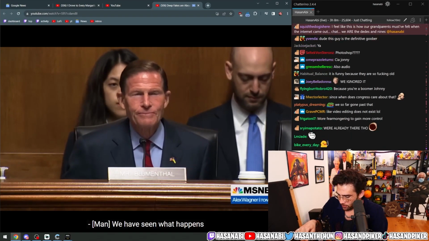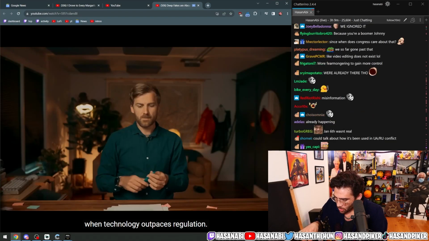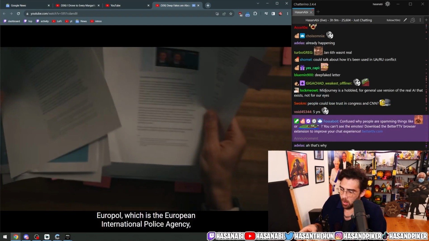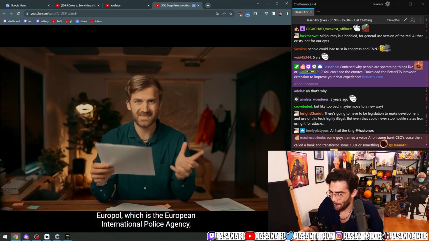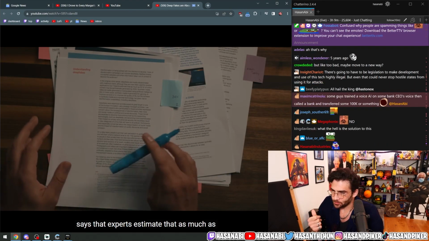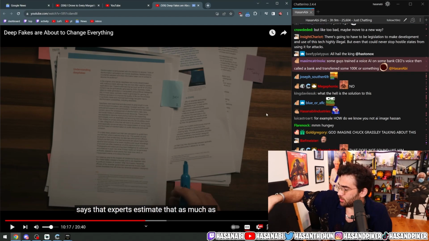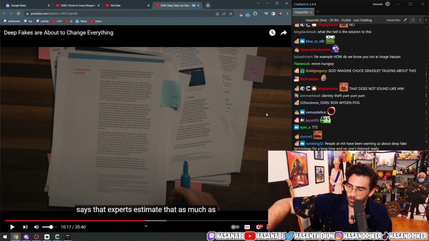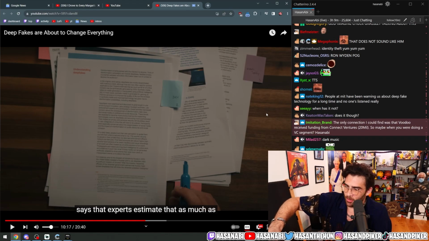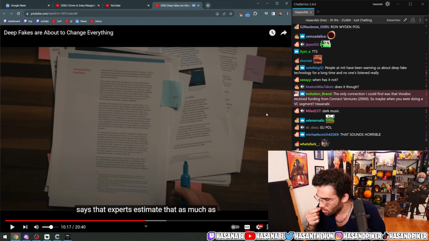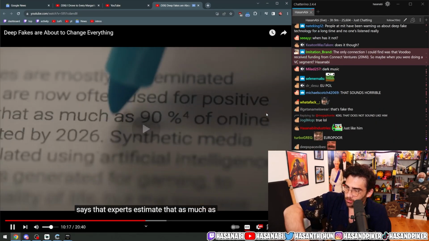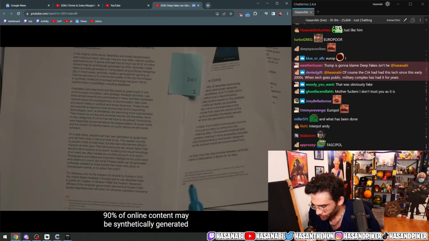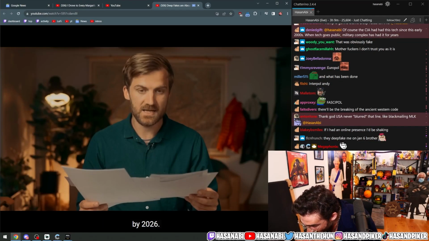We have seen what happens when technology outpaces regulation. But it's not just American lawmakers. Europol, which is the European International Police Agency, says that experts estimate that as much as 90% of online content may be synthetically generated by 2026.